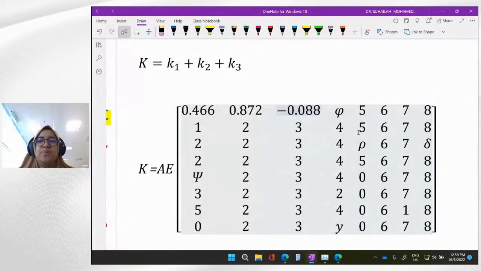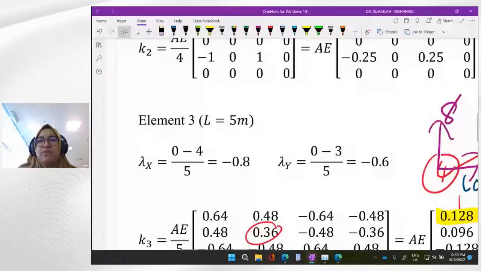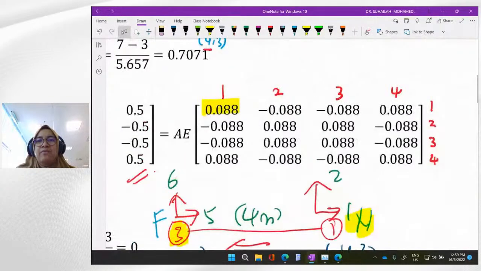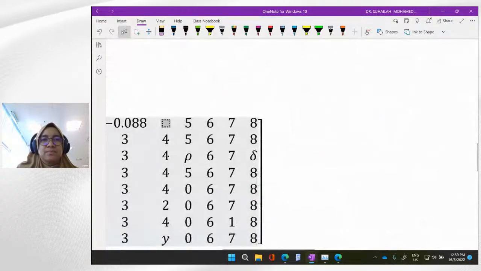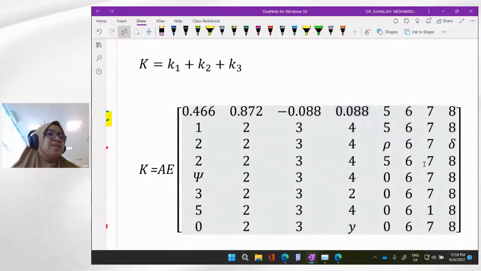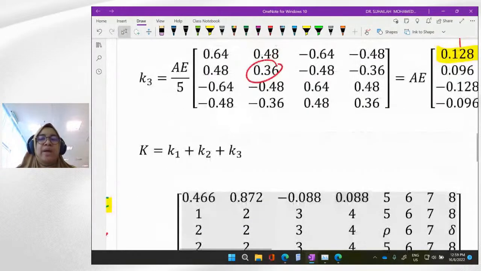Okay, continue with position 1, 4. 1, 4 we can also find in K1, and 1, 4 is 0.088. It is just simple mathematics. We just need to put the values we get from K1, K2 and K3 in the 8 by 8 matrix.